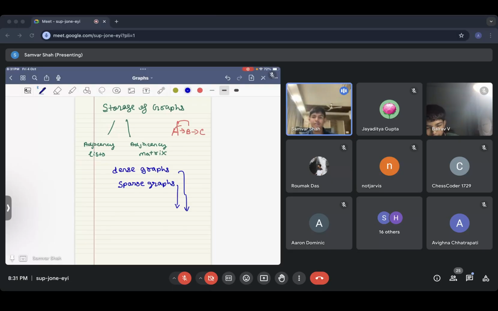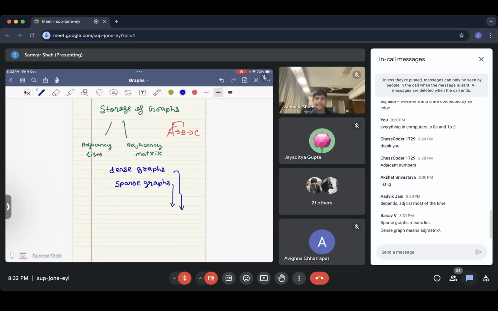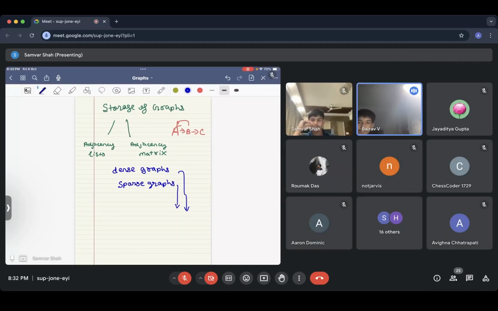Okay, I have an answer. Okay, that's an interesting answer. Do you want to explain your answer? Okay, so in a sparse graph, where the degree will be very low, just checking whether two things are adjacent in a list will take the size of the degree itself, which will be low.